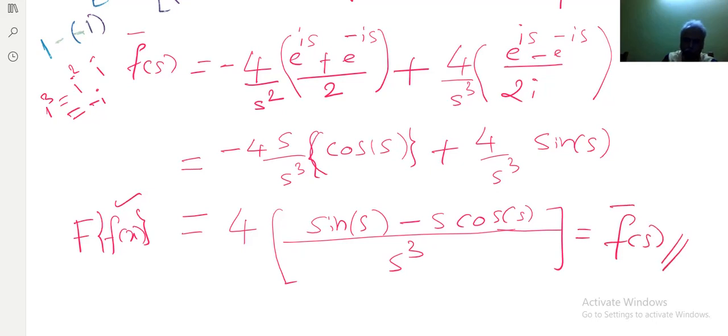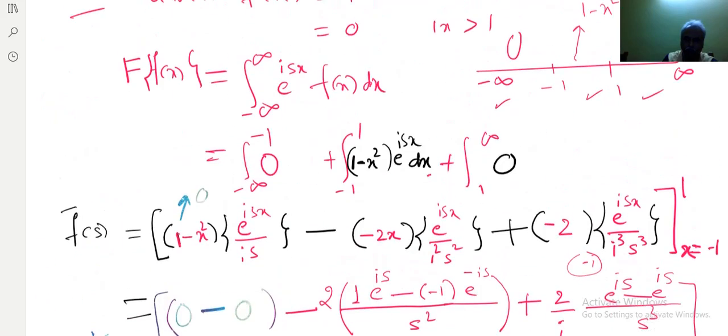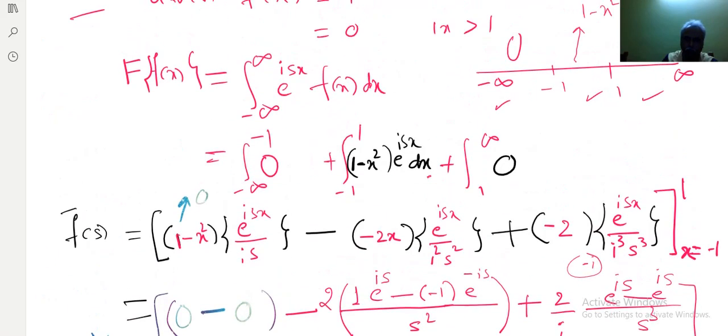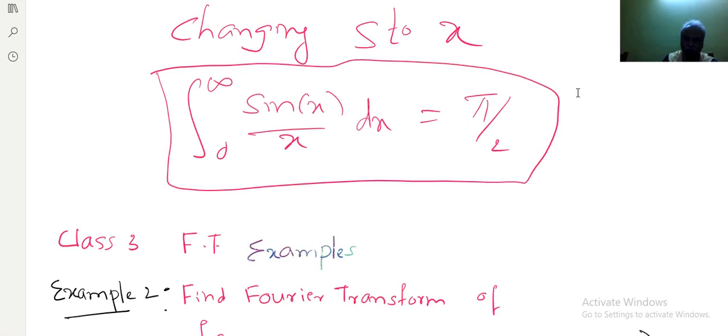Once again you see what we did. Given some x function, see here, we converted this x function by using Fourier transform to some s function.